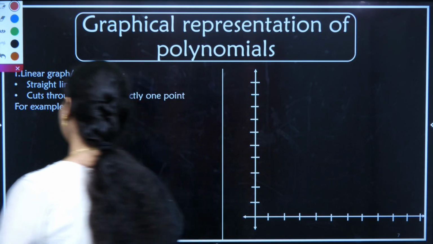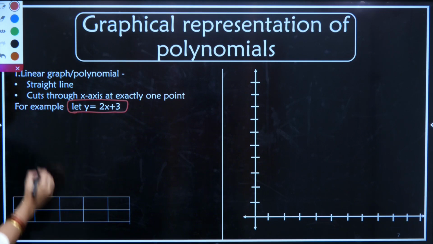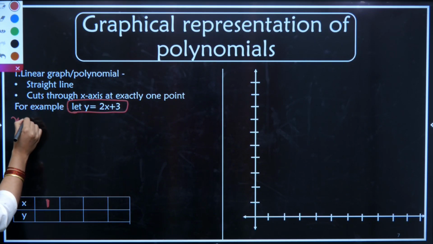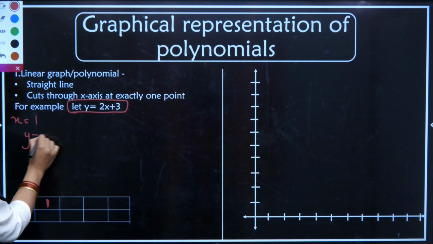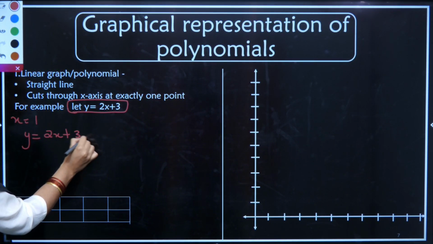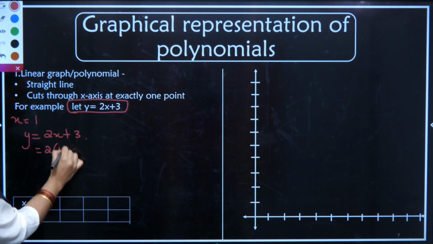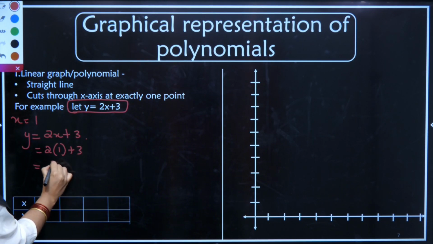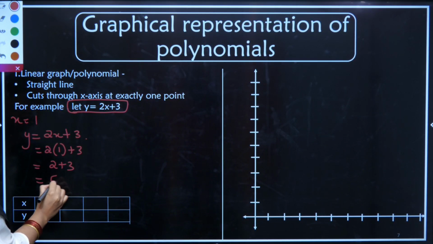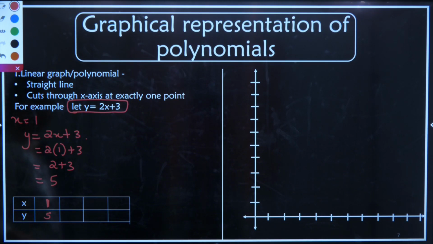How do we do that? Let us first consider x equal to 1. Then y is 2x plus 3, that is 2 into 1 plus 3, which is 2 plus 3, that is 5. I am filling up the block immediately so that no mistake happens from our end. So when x is 1, y is 5.